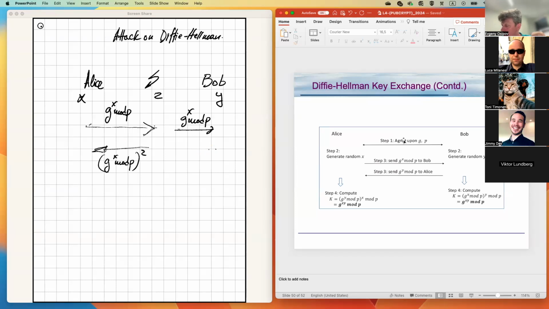Sorry, here I was not very accurate. I took your G to the power of Z mod P, and I raised it to the power of Y. So now, basically, the man-in-the-middle attack is performed. You establish two channels to Alice and to Bob, and can intercept all the communication.